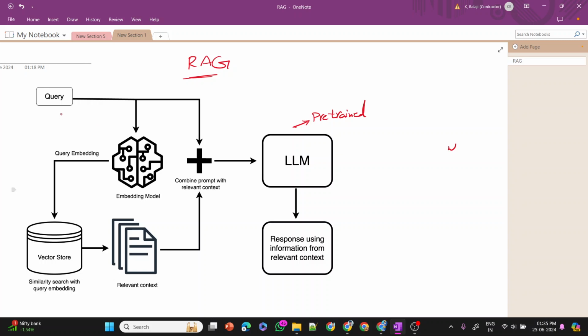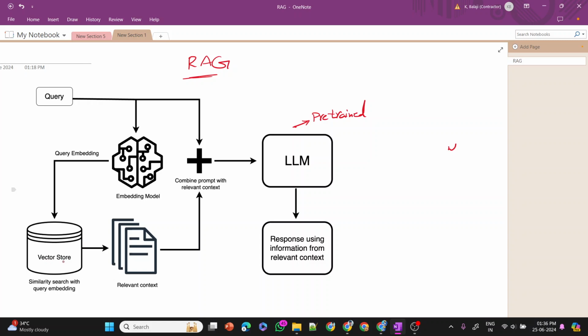Initially, what we need to do is store our business information in the form of multi-dimensional vectors in a vector storage.